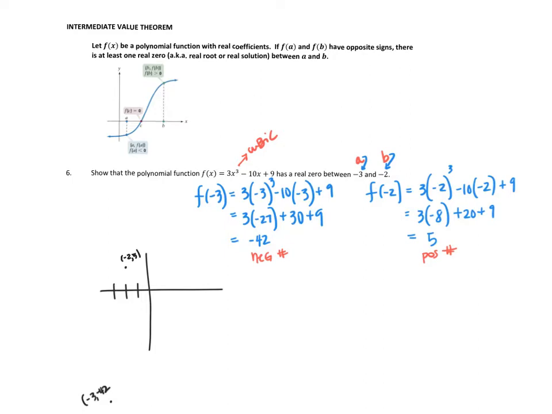Well, we know that the graph has to cross the x-axis, so it's going to have a real zero. And that's really what the intermediate value theorem says, is that between 2 points, if your f of A is negative and your f of B is positive, it has to cross that x-axis.